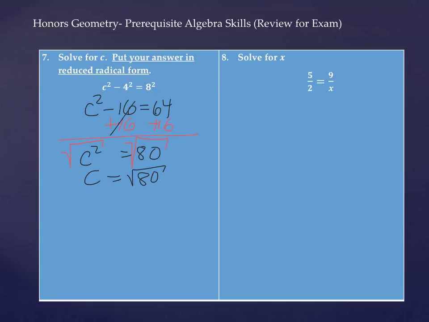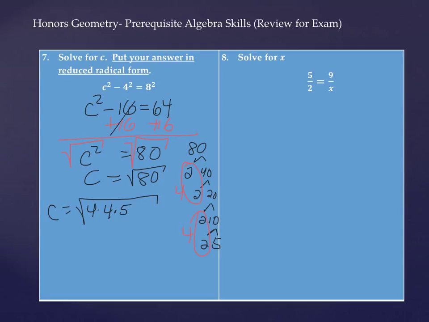So again, we're just going to break down 80 and try to find perfect squares. We've got 2 times 40, and 40 is 2 times 20, we can just keep going. 2 times 10, and 10 is 2 times 5. So we've got C equals, let's find those perfect squares. There's a 4, here's another. So let's write that as 4 times 4 times 5.